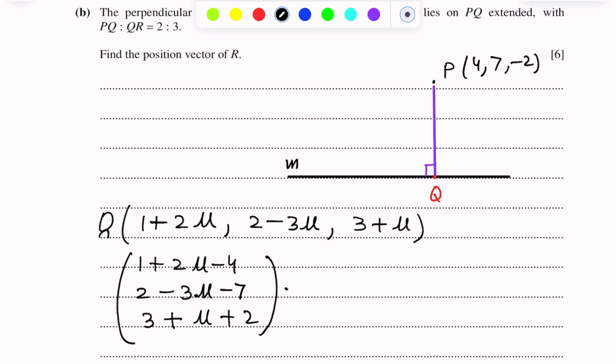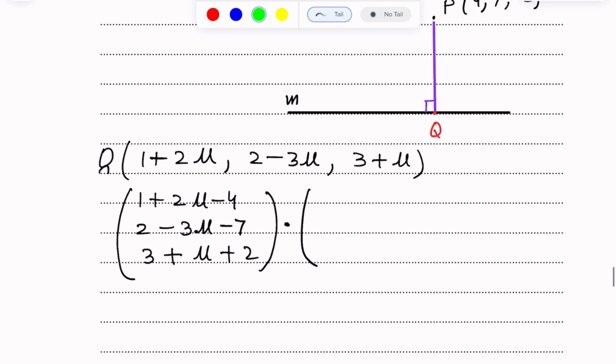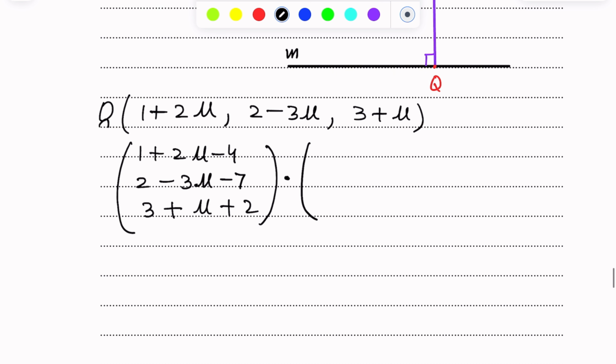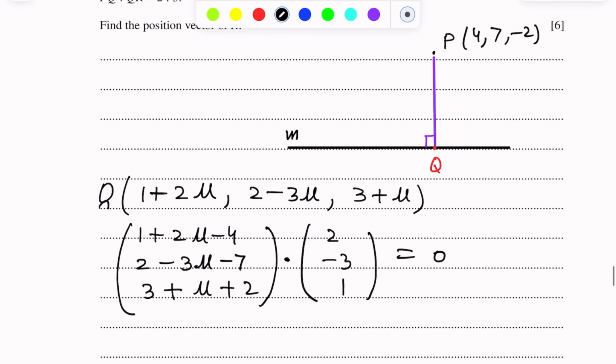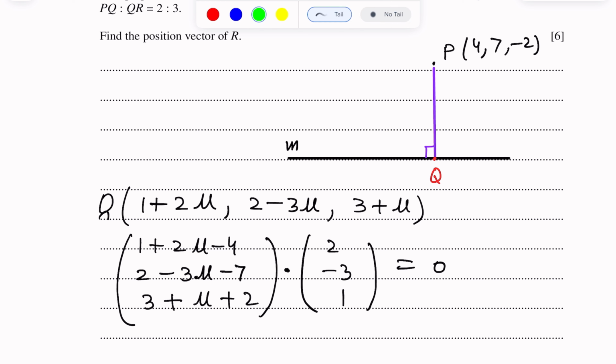This is the direction vector of line PQ, with the dot product of the direction vector of line M, which is given at the start of the question. The vector equation of the line M is given. Direction is 2, minus 3, 1. The dot product will be 0 because these two lines are perpendicular to each other.